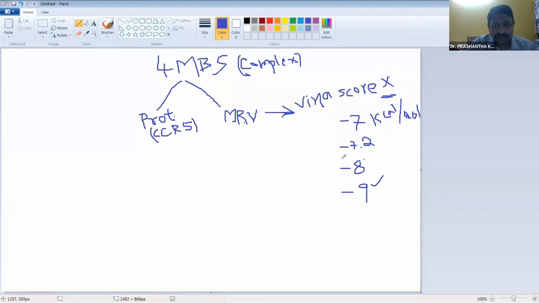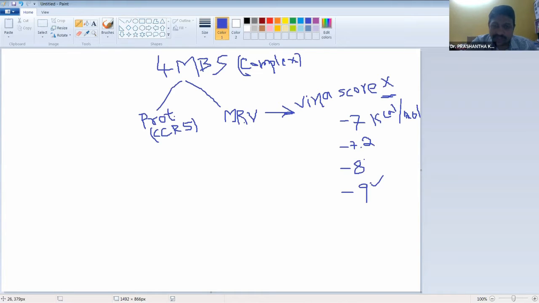If we compare minus 8 and minus 9, since the energy is negative, the lesser the energy, the better it is. So minus 9 is better than minus 8. Then we also look into the number of hydrogen bonds, interactions, all those things. So the first thing you have to remember is this score.